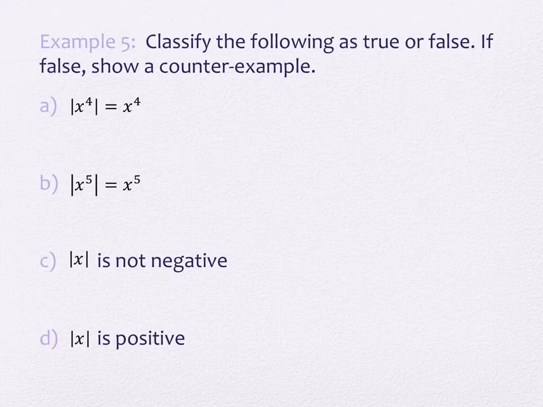What do you think on part A? Is it true or is it false? I agree. It is a true statement. Why does it make sense that if we have x to the 4th in absolute values that we can just remove the absolute values? Why does that work? It's a distance away from 0, okay.